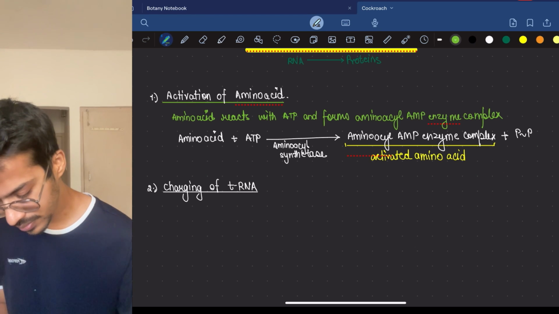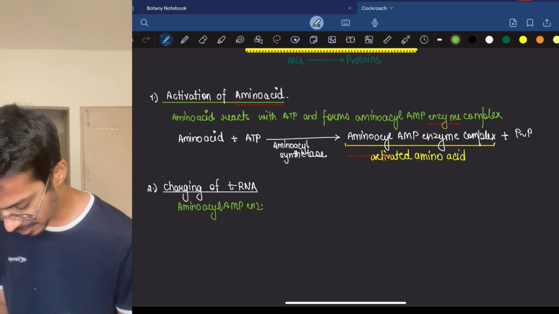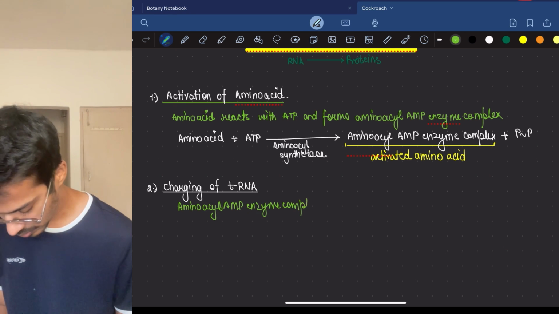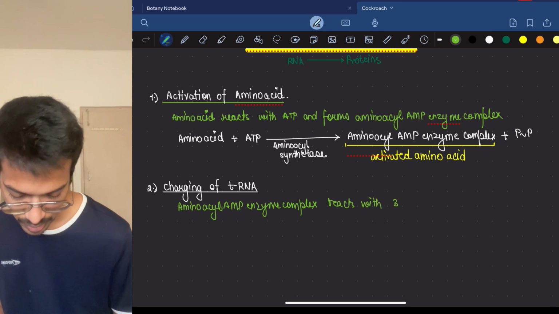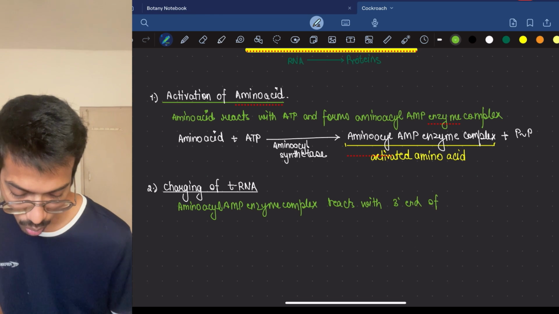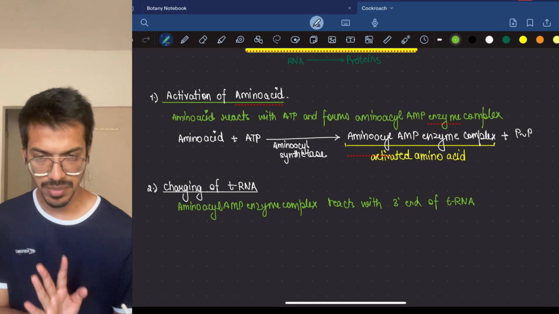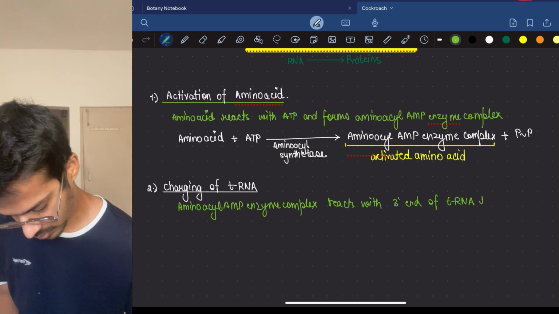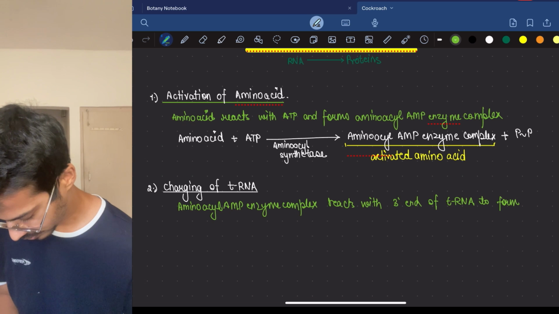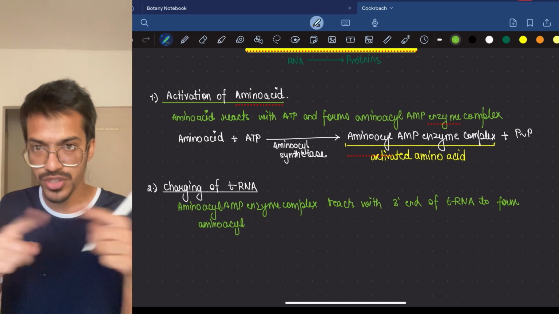So in this, what will happen? Your aminoacyl AMP enzyme complex reacts with the 3' end of tRNA in the presence of an enzyme, of course, and it gets attached to it, to form aminoacyl, because the amino acid is the most important, which has to make the bond.